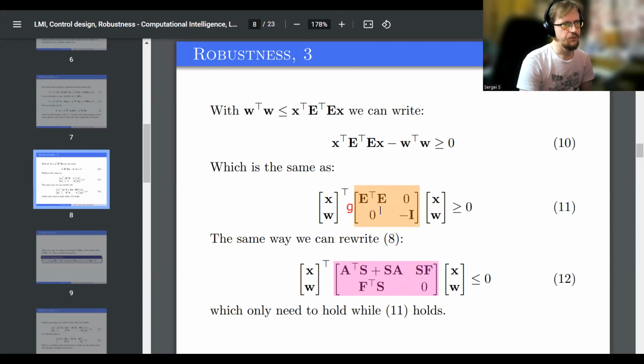Gamma has to be positive, and this whole thing would have to be negative. This matrix itself has to be positive and negative indefinite.